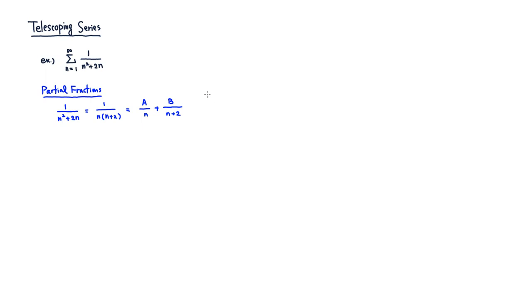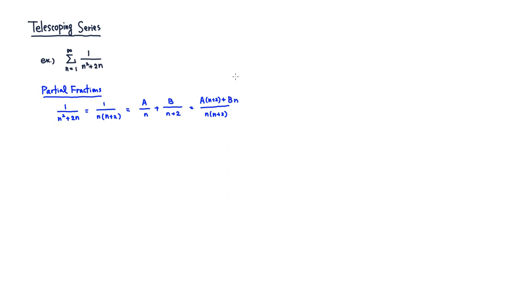The way to find them is to put this back into one fraction by taking a common denominator. You have to multiply a by n plus 2 to get the common denominator, and multiply b by n, so I'm going to say bn.